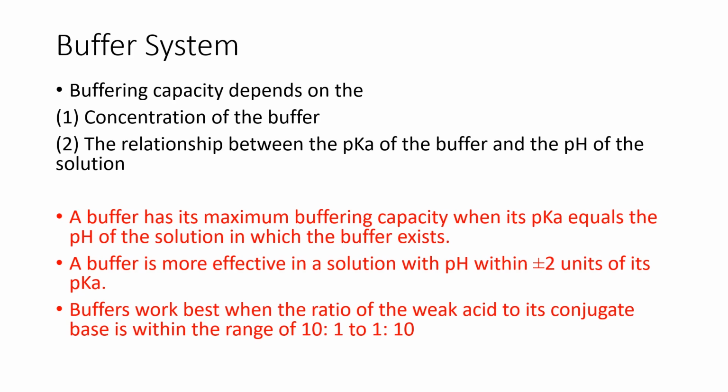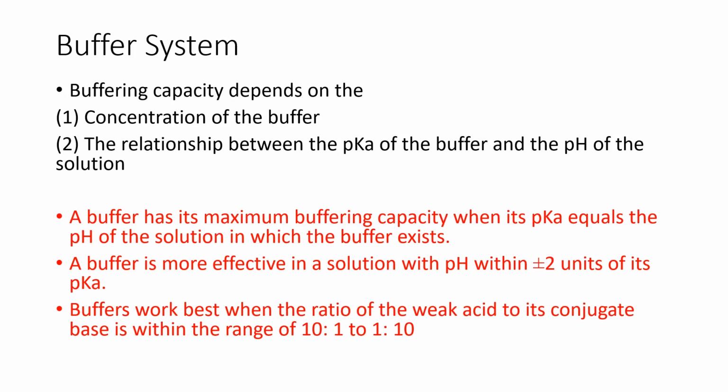The second point to note is that a buffer is more effective in solution with pH within plus or minus 2 units of its pKa. What that means is that, if you are talking about the human blood with a pH of 7.4, it will be more reasonable to take advantage of a buffer system whose pKa is within plus or minus 2 units of 7.4, meaning that a buffer system which has a pKa between 5.4 and 9.4 will be the best type of buffer system that can work in human blood.